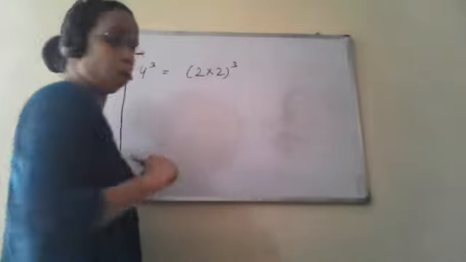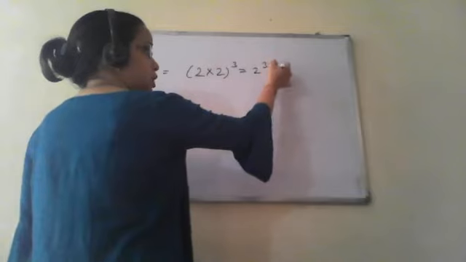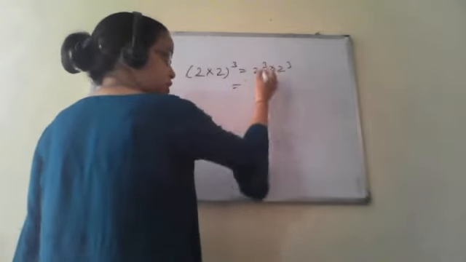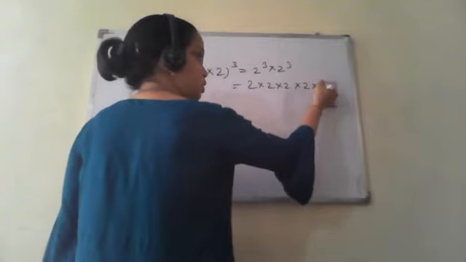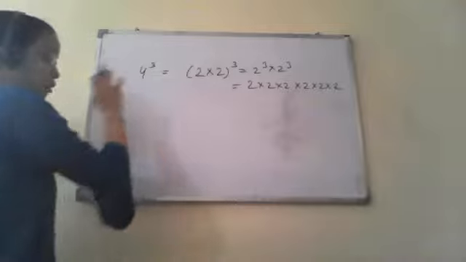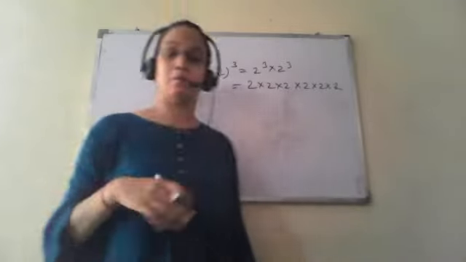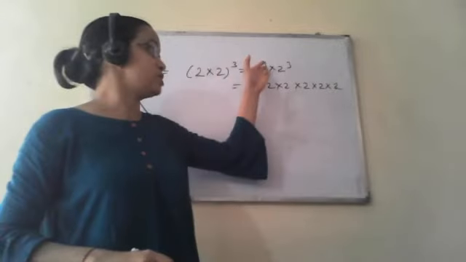And when this is whole power 3, it will be 2 cube into 2 cube, and if we expand, this is 2 into 2 into 2, and this will be 2 into 2 into 2. So the cube of a number can be expressed in terms of its prime factors, and the prime factors will also have the same power.